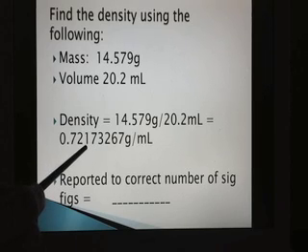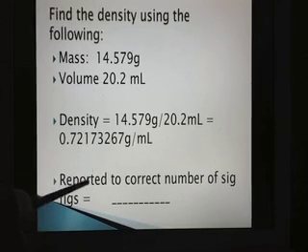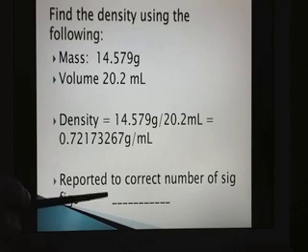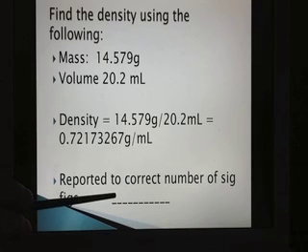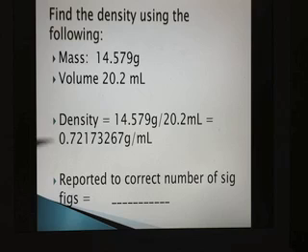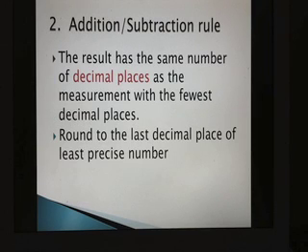We're going to round that 1 up to a 2. So, reported to the correct number of sig figs, our answer would be, and let's get this written down, 0.722 grams per milliliter. Again, our answer went to 3 sig figs because our least precise measurement was 3 significant digits. Well, that's the multiplication and division rule, where we count our number of sig figs.